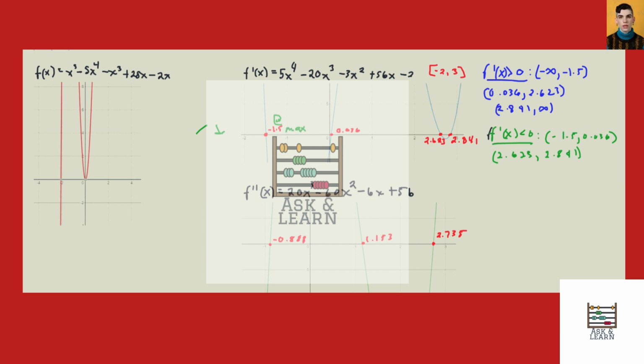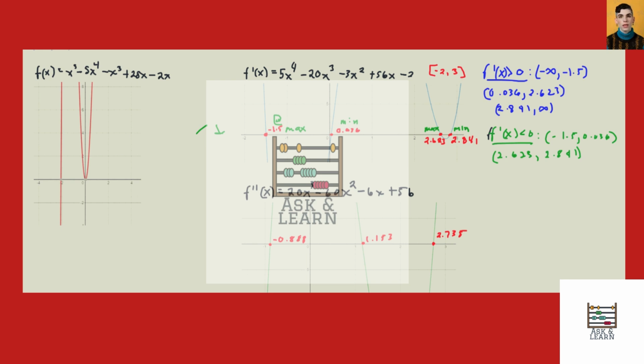At 0.036, we're going to have a min. At 2.623, we're increasing into the point and then decreasing after. So this is going to be a max. And then the last one is going to be a min.